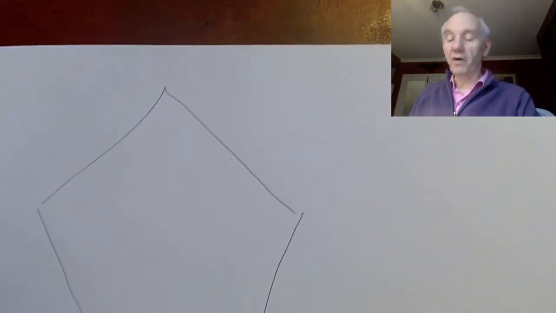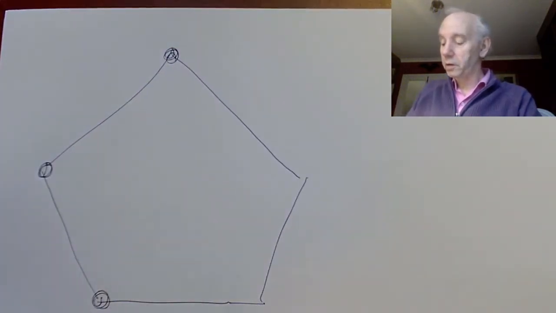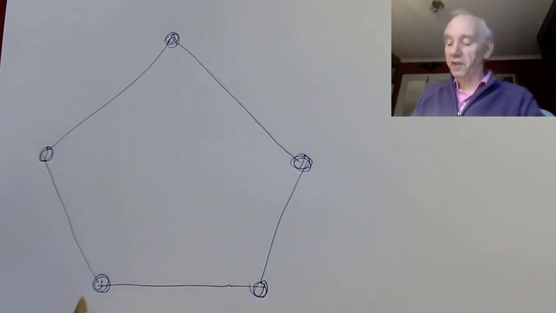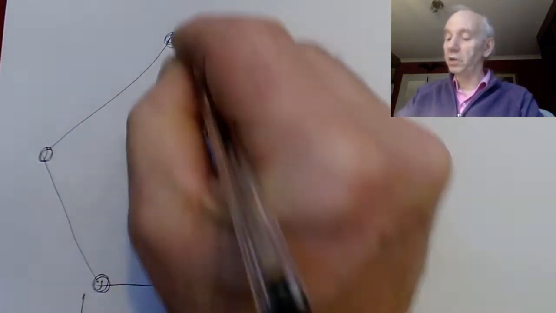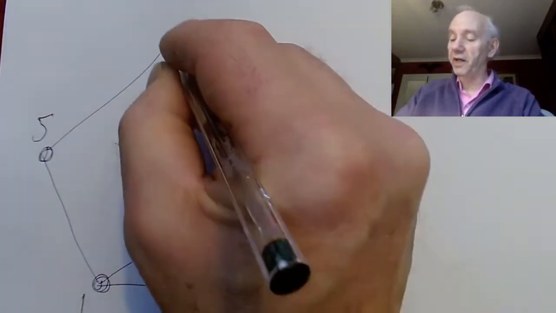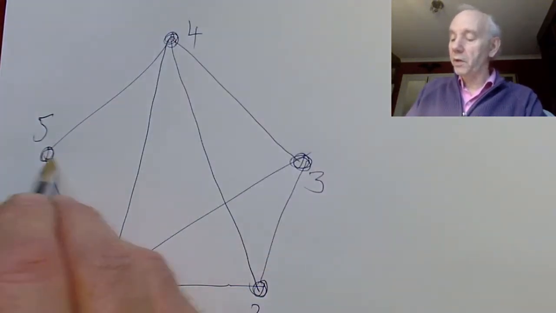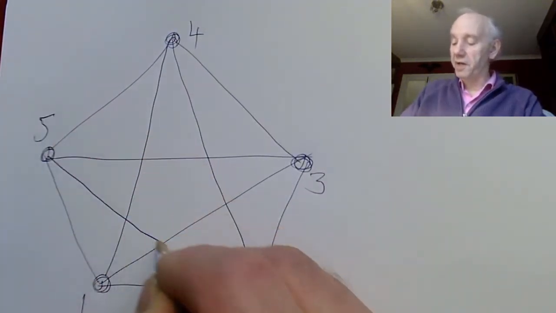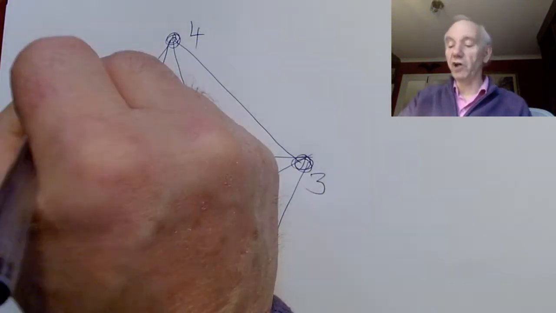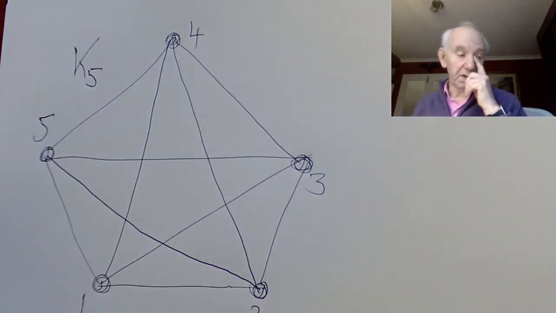Here we have the 5 vertices around the pentagon. Let me label the vertices again: 1, 2, 3, 4, 5. That would be C5, but then I have the extra edges I put in, corresponding with the pentagram. So now I have K5, the graph in which any 2 vertices from 5 are joined by an edge.